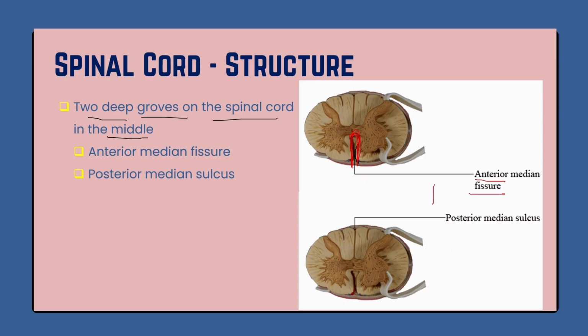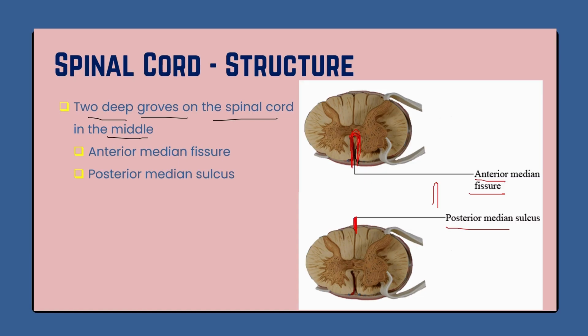Fissure means groove, median means in the middle, and anterior means the anterior side. The second fissure is the posterior median fissure. Posterior means, when you touch your back, the part of the spinal cord that you feel, that is the posterior part. So this is what is coming towards the outside.